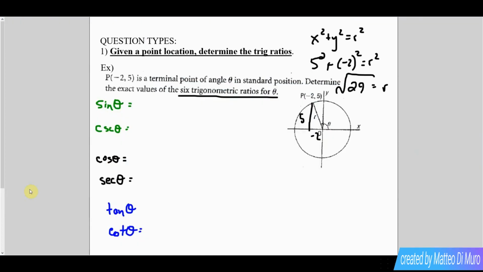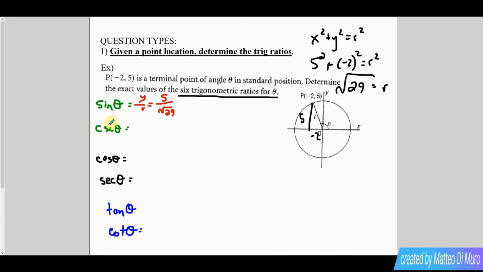Then I pre-wrote all the trig ratios to save some time. We know that sine is y over r, and that's going to be 5 over the square root of 29. I've conveniently grouped it with its reciprocal, cosecant.